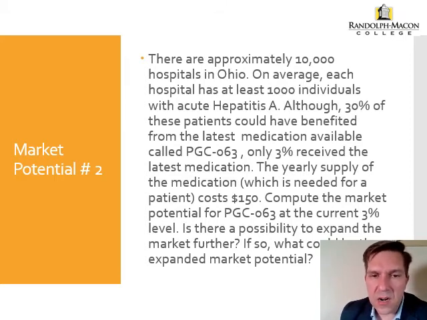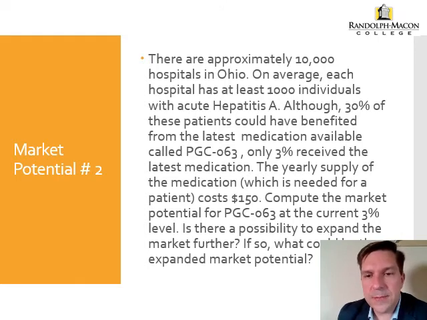So let's say that there are a number of hospitals in a state. Ohio, could be anything. And yes, Ohio doesn't have 10,000 hospitals, I know. This is just a made-up example. On average, let's say each hospital has 1,000 individuals with acute hepatitis A, which I know is a really large number, but you can change acute hepatitis A for COVID and it might actually work out.